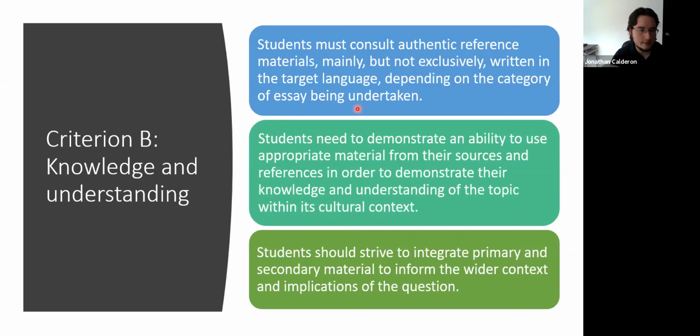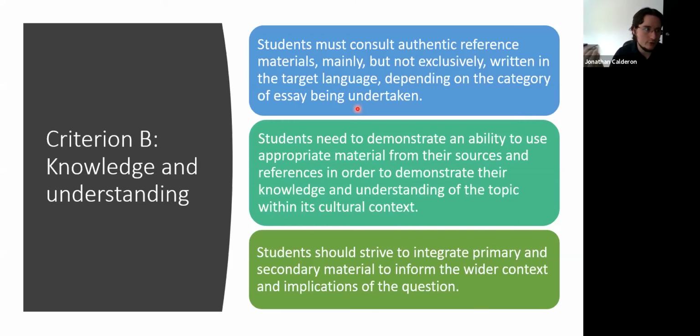What do I mean by this? For example, in category 3, if I want to find the definition of character, something as basic as character, it doesn't mean that they have to find an English author who wrote the definition of character in English. They can use whatever author they want, in Spanish or German or whatever, and use that definition of character. Why?